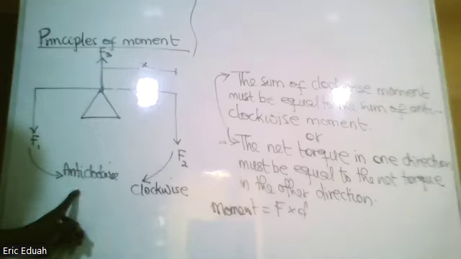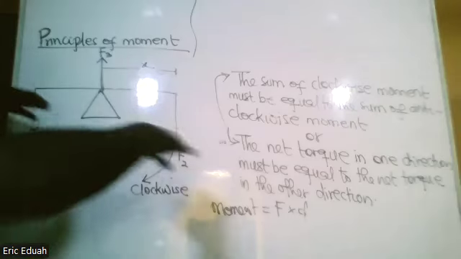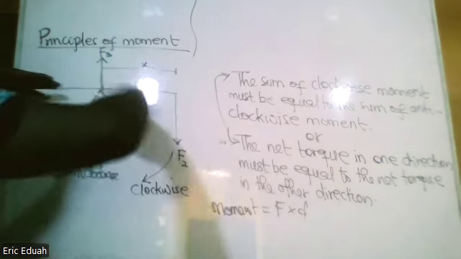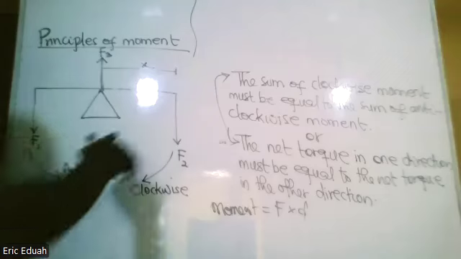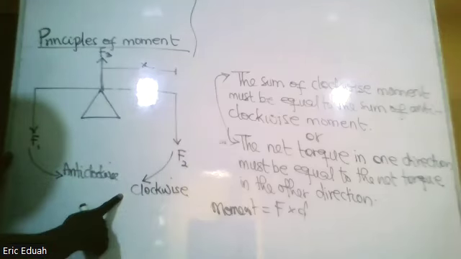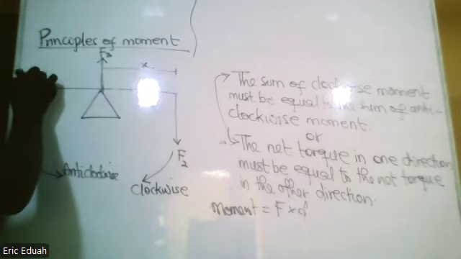So this is clockwise, this is anti-clockwise. And the rule says that for balance or equilibrium state, the sum of clockwise moments must be equal to the sum of anti-clockwise moments.